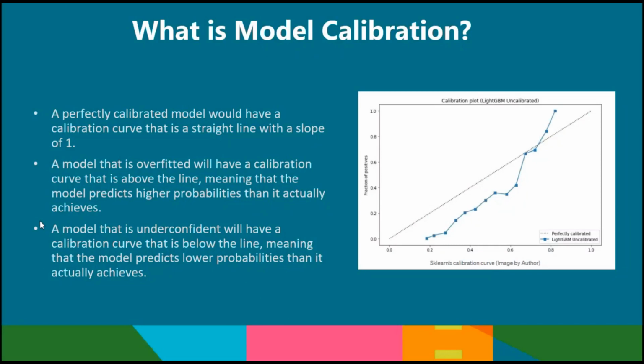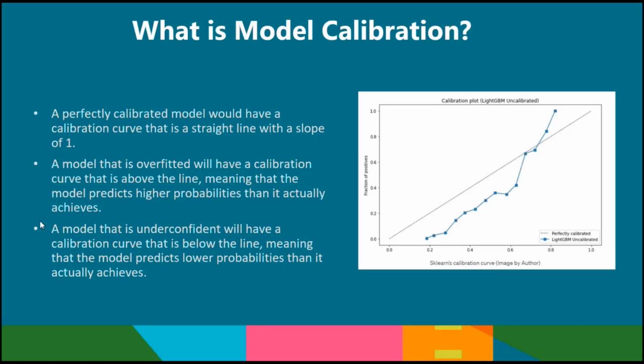Understanding the graph of the calibration curve. If the graph is a straight line with a slope of 1, the model is perfectly calibrated. If it's above the line, the model is too confident, like thinking it's always right. If it's below, it's not confident enough, like being unsure about its answer.